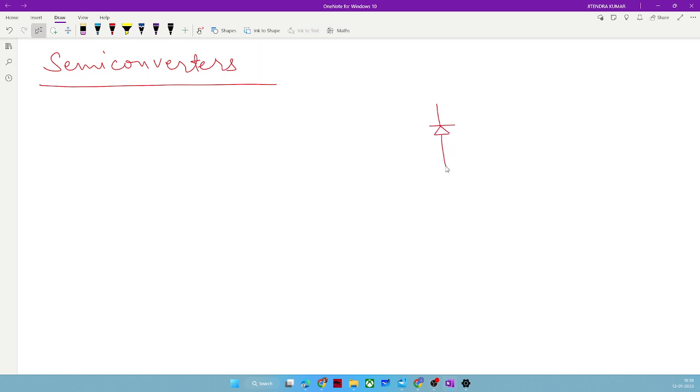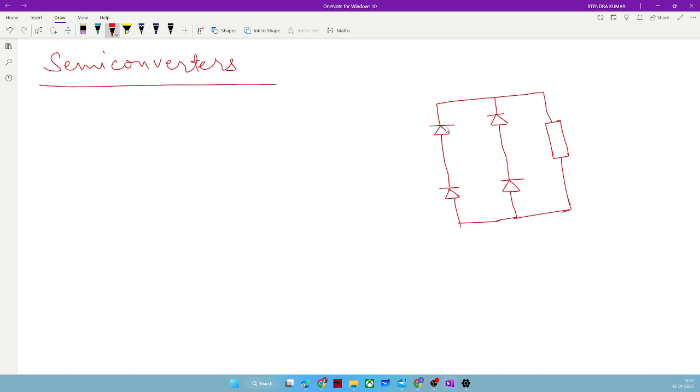If I draw it, it will look like a full bridge rectifier, but with slight changes. What are those changes? Can you guess or do you have any initial idea? Diodes will be used as well as thyristors. Yeah, correct, that is correct.